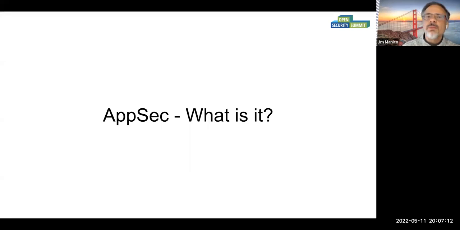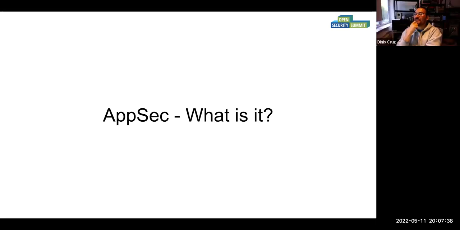We can play the definition game a lot. Here's another one that I like: application security happens when you're building and testing software against a strong standard of requirements for security. Here's another definition: when you're building software that does what you want it to do, but nothing else. That's a weak definition, because the problem with that is the definition of what you want.